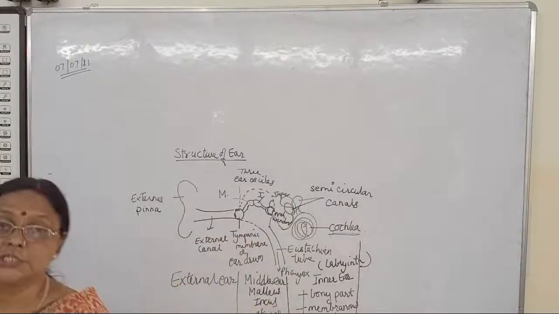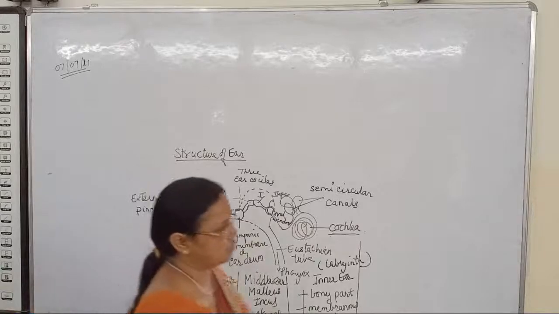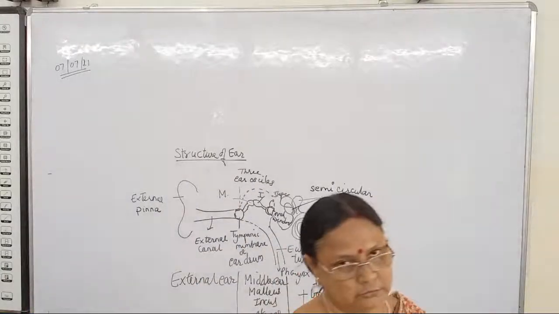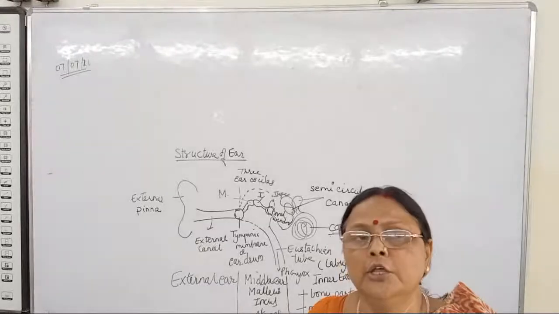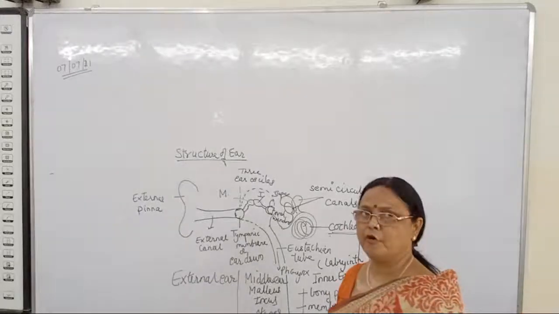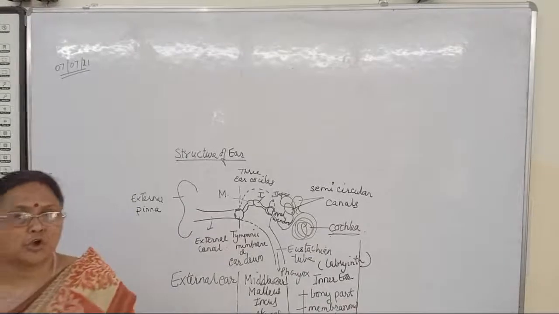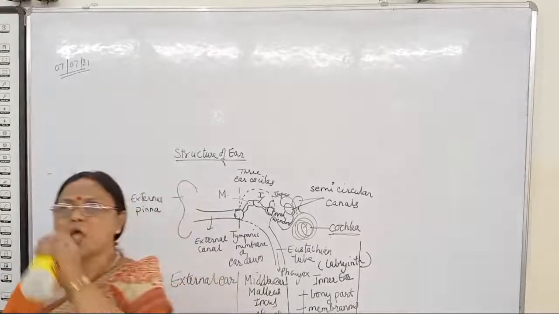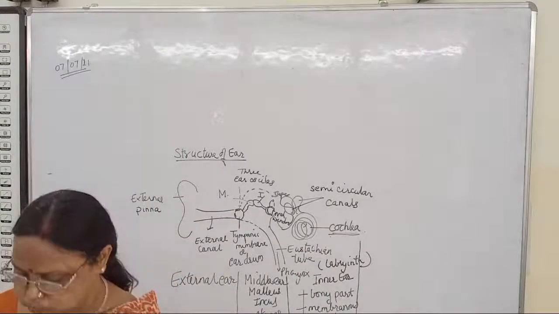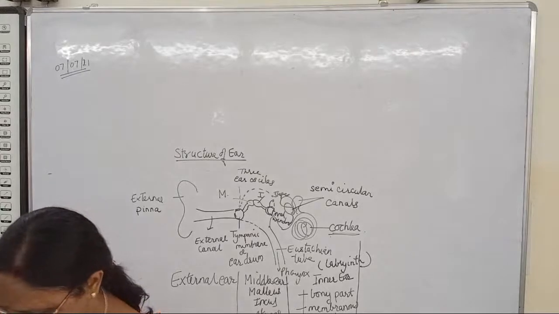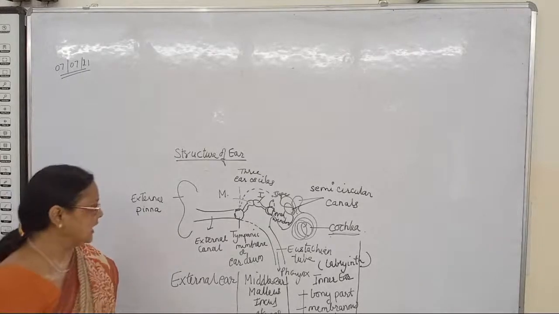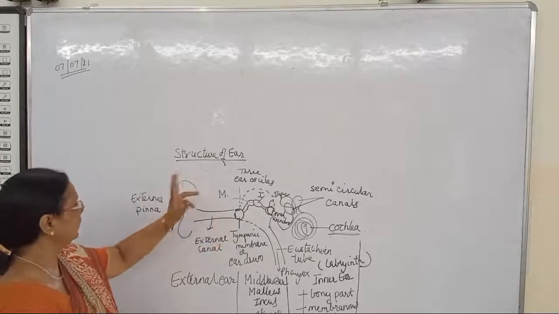Now these structures are very important because they are organized in such a way so that they can perform their functions. In the eye you saw all the parts, that is important for the vision, and this is for the hearing.